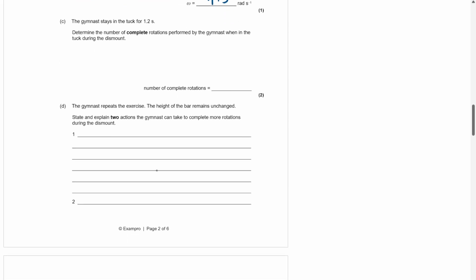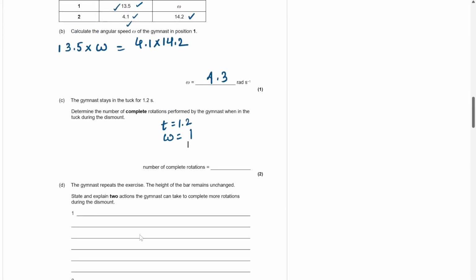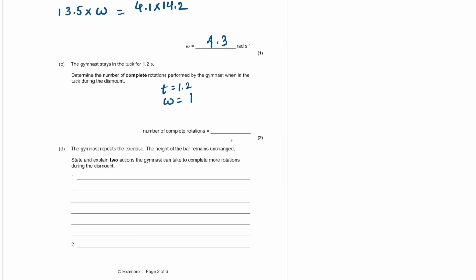The gymnast stays in the tuck for 1.2 seconds, fine, so I have the time, and because he's not changing I in the tuck, omega remains constant. In the tuck it is 14.2, so my omega is 14.2 radians per second.